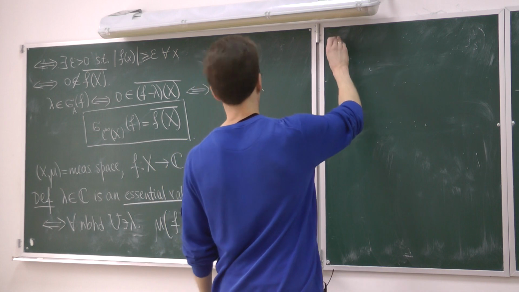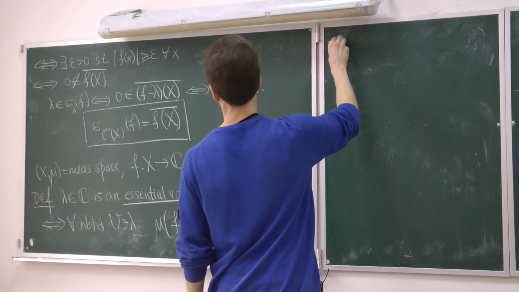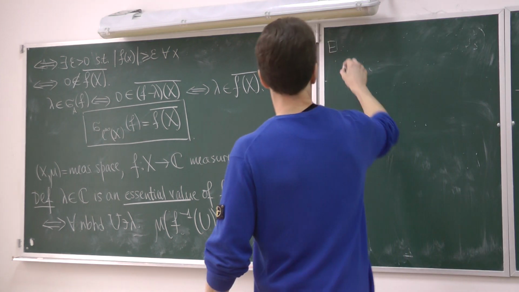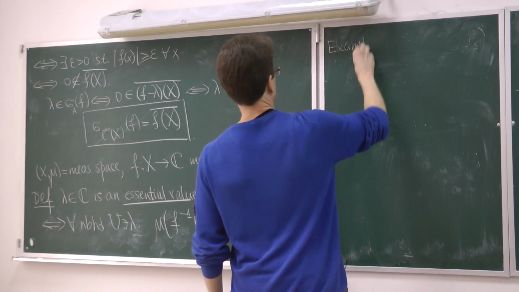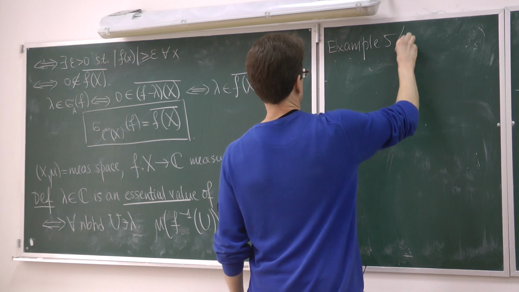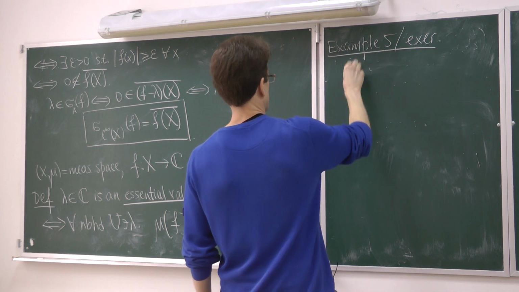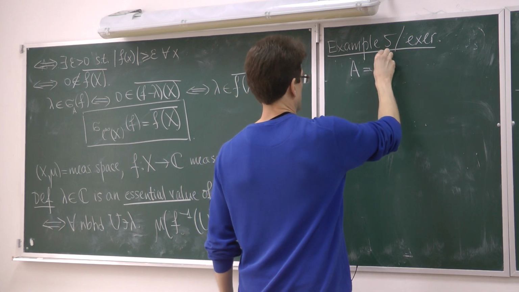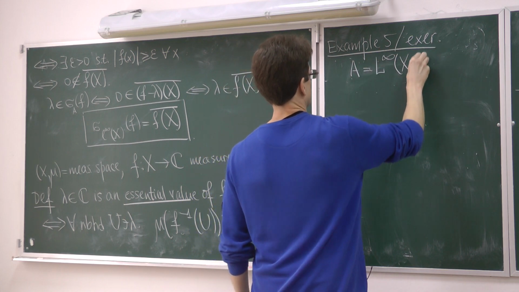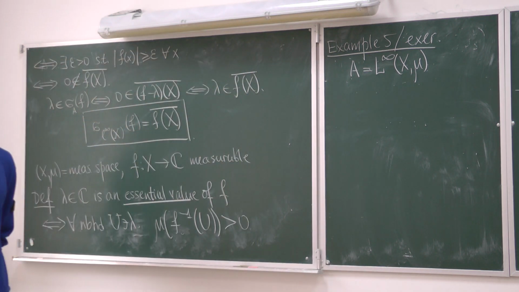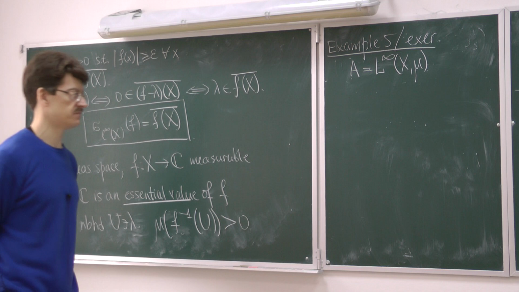Now we have the following example. This is our example 5. An example and exercise at the same time. So let A be the L infinity algebra. So we know that this is a vector space of equivalence classes of essentially bounded measurable functions.